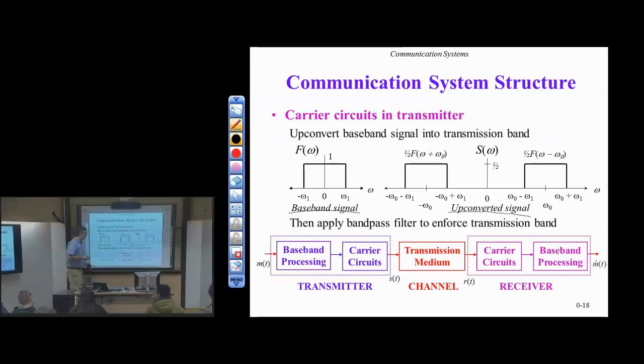So the first example, let's see, put sort of AM radio. Okay, so for AM radio we have a couple things to worry about here in the plot. I need to know the bandwidth of the baseband signal. That's omega 1.